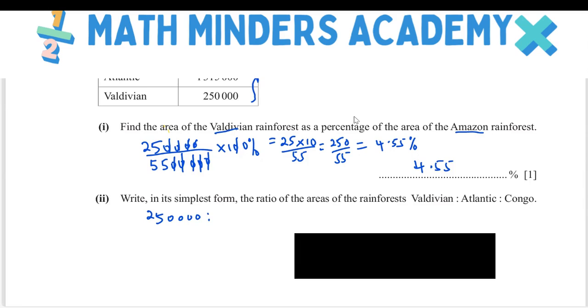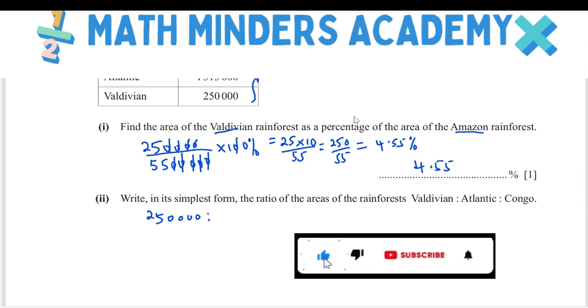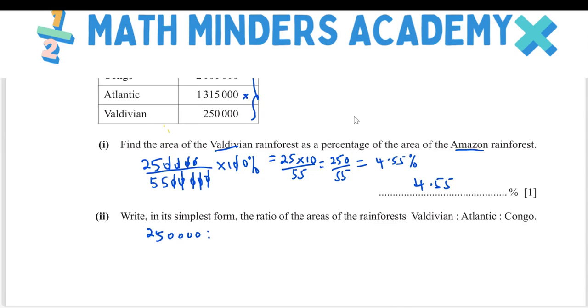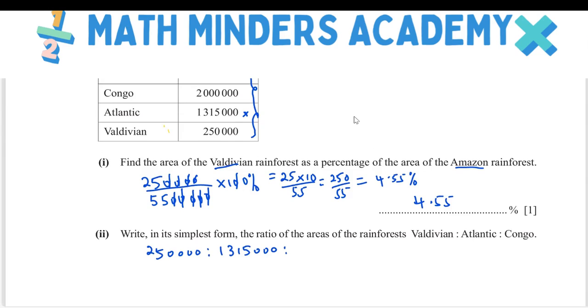If you look at Atlantic, we'll go back to this table. You can see Atlantic here. That's 1,315,000. Ratio Congo. If you look at Congo, Congo is 2 million.